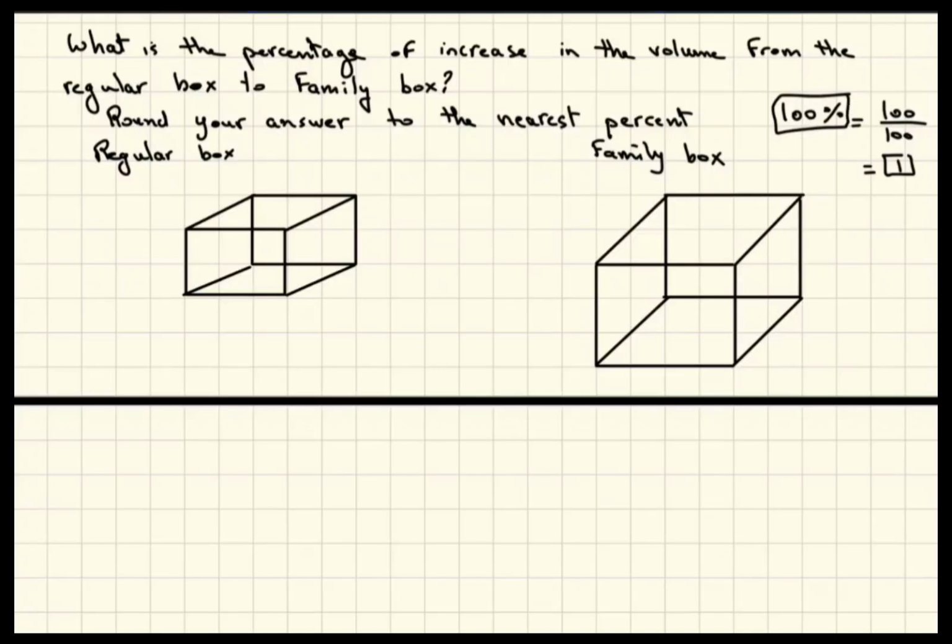Now, the regular box, it has a length, it has a width, and it has a height. And I know that the volume of a rectangular prism, or basically box, is just L times W times height.